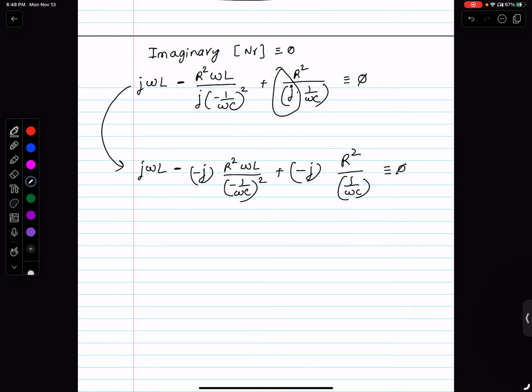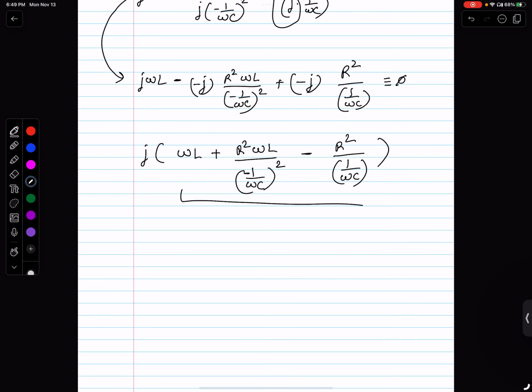Okay. Now I'm at a point where I can factor out j. j omega L plus R squared omega L by 1 over omega C, the whole squared. And I can throw in the negative there, but it doesn't matter because we are squaring it. Negative R squared by 1 over omega C. What I can do really is equate all of this to 0, because all of this should be 0, meaning that this term should equal 0.